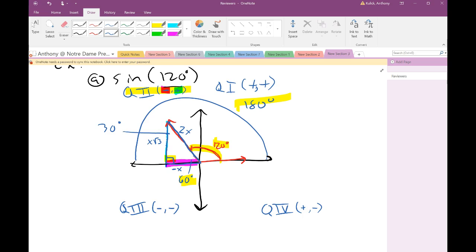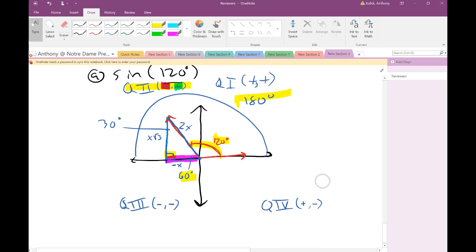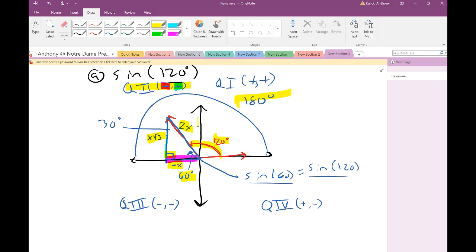Okay. So, an important fact that we're going to take advantage of now is that this angle inside the reference triangle is going to give me the same answer as the sine of 120, provided that I've gone and labeled the side lengths with the appropriate signs, S-I-G-N-S, so that I've gone and labeled the positives and negatives.